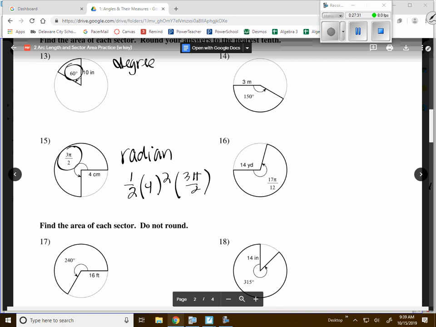Okay, so for my r, I plug in 4 because that's the radius. For my theta, I plug in 3 pi over 2. And again, we just put it in our calculator the way that it's written on the board. Parentheses are your best friend.